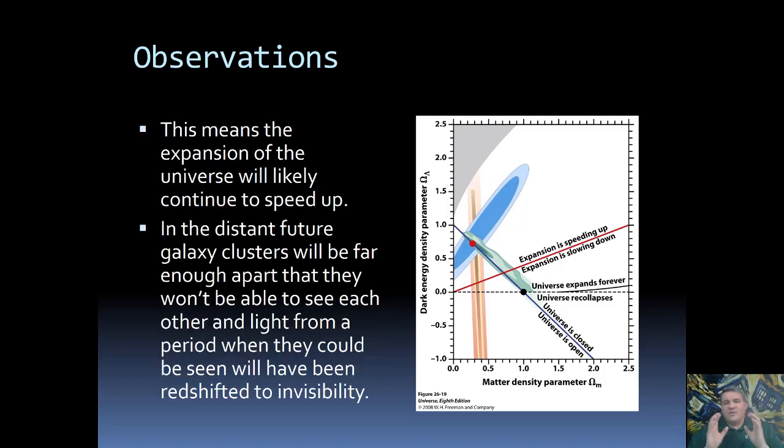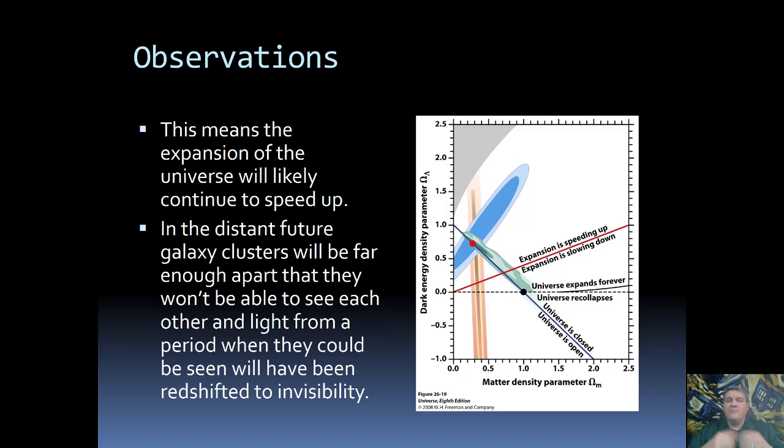Now, from all of this, we see that the universe is dark energy dominated, and we understand that dark energy is leading to a faster and faster expansion rate. With this understanding, we can now talk about the eventual fate of the universe. So as the universe stands right now, we still have galaxies, and there's still star formation within galaxies. And we're still in a stage that we can see light all the way out to the edge of the observable universe.